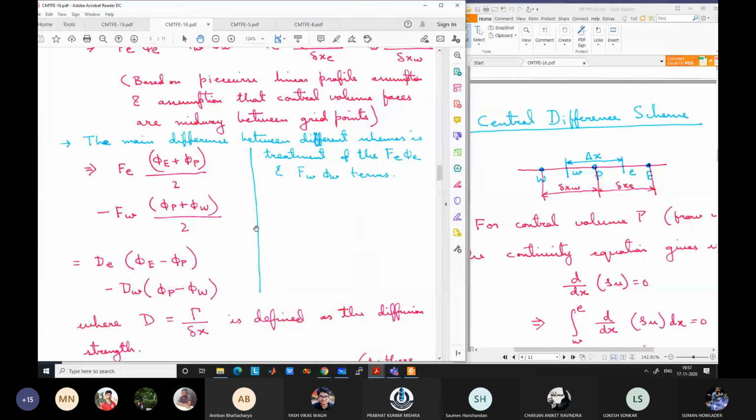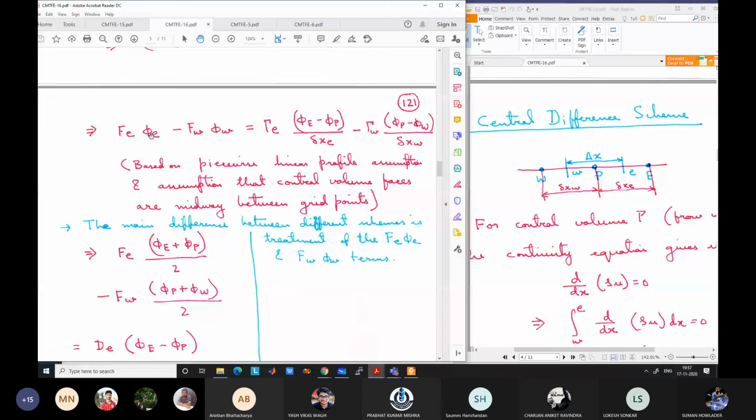While creating the coefficient of the advective term, for example for this advective term at this point, which is FW phi W, or say for this point E, FE phi E, we have interpolated phi E based on phi capital E plus phi capital P by 2, means this point plus this point by 2, which is not correct for flow, right?